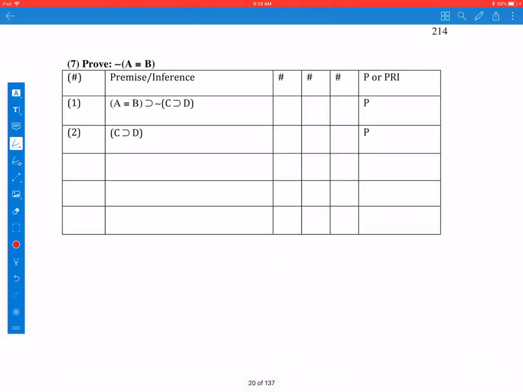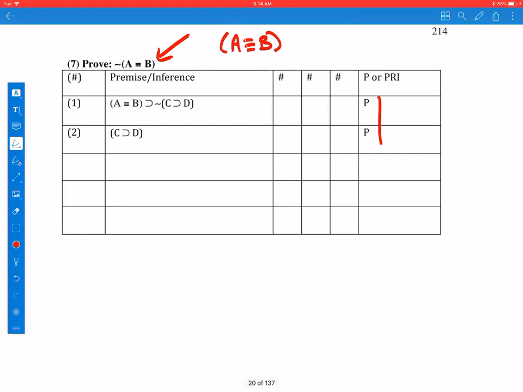Here we go. This time we have to prove not A if and only if B. 1 and 2 are our premises. So the first thing we do is we look for not A if and only if B. But we don't see that, so as I've recommended, you should look for the opposite of what you're trying to prove.